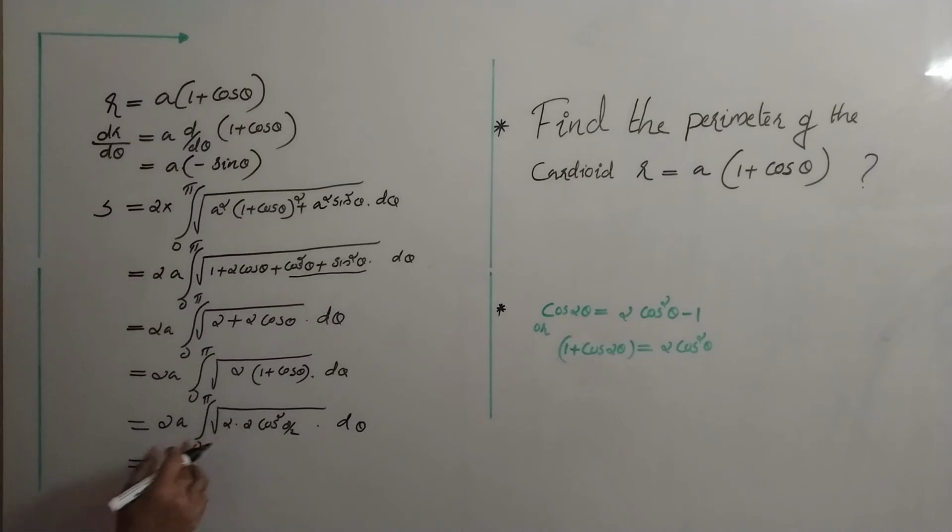Square root of 4 is 2. So 4a times the integral from 0 to π of √(cos²(θ/2)), that is cos(θ/2) dθ.